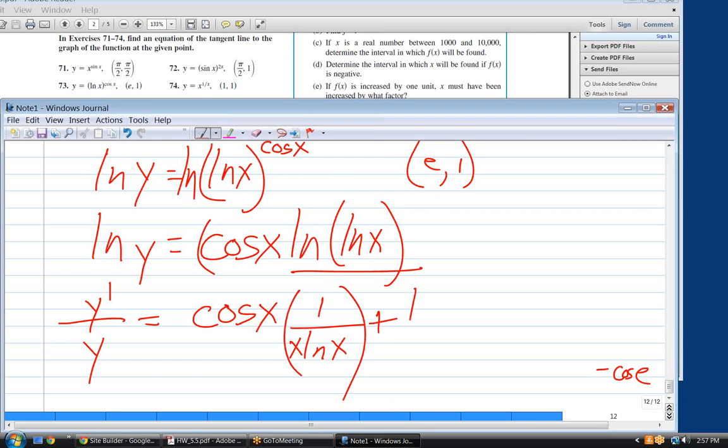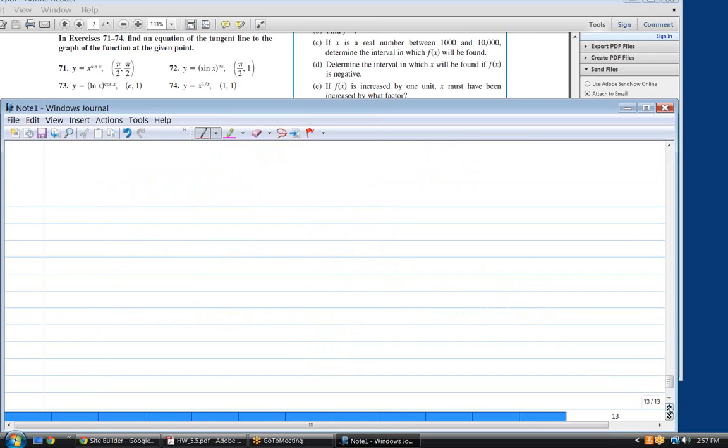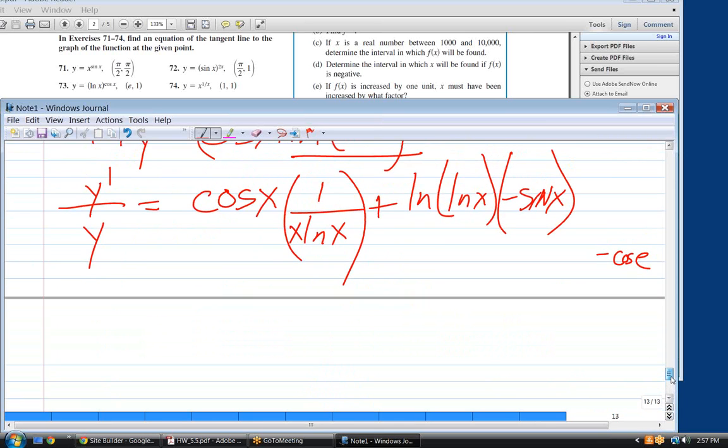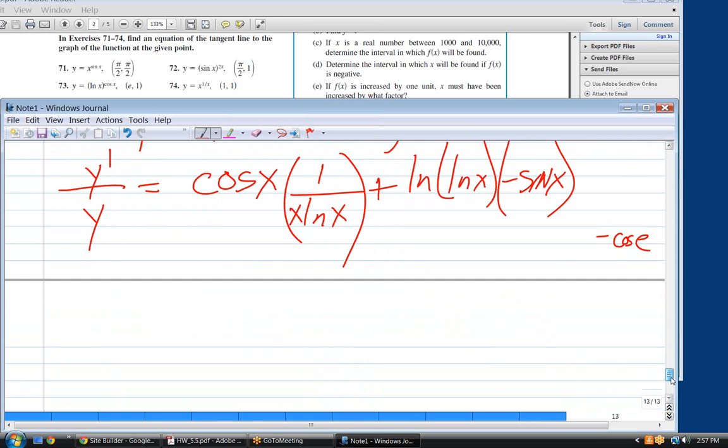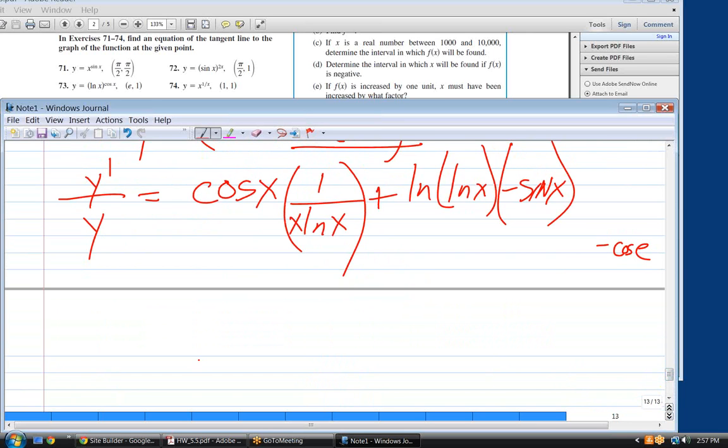Plus the natural log of x times minus sine x. There, that's better. I thought I did that differentiation awfully quick. I don't know what I was thinking. Now y prime is equal to y times this whole thing.